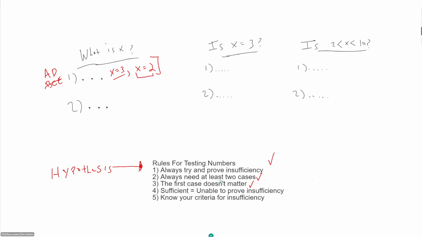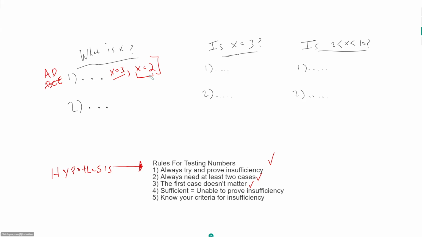Because now, if you are trying to prove insufficiency, you should plug in a number that maximizes the probability of getting something other than a 3. So if you chose a positive integer here, choose a negative integer. Then maybe choose positive fractions. Then maybe choose negative fractions.